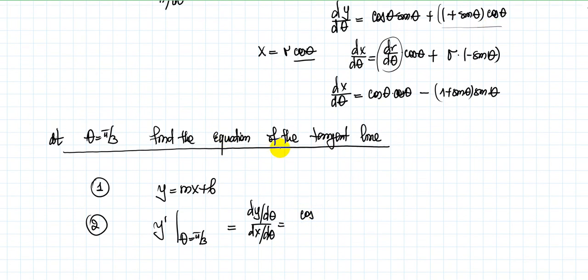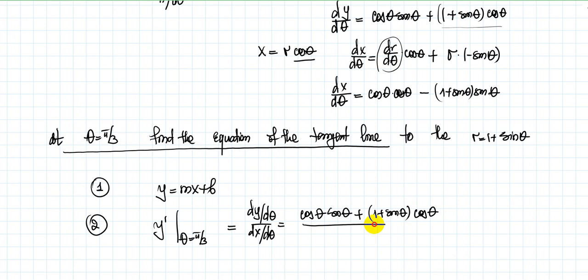Cosine of theta multiplied by the sine of theta plus 1 plus sine of theta multiplied by the cosine of theta, divided by cosine of theta multiplied by the cosine of theta minus 1 plus sine of theta multiplied by the sine of theta.